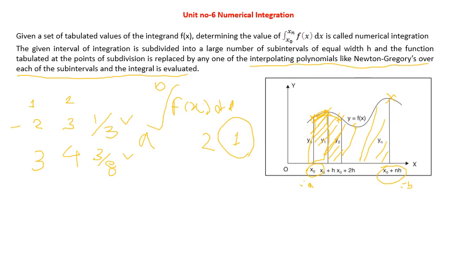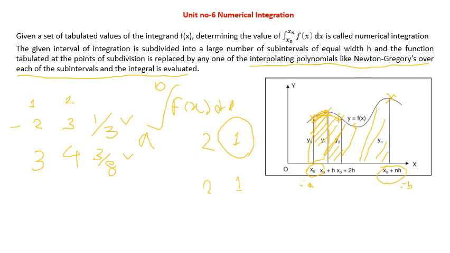The level of accuracy you get by using Simpson's 3/8 rule 1 time is better than using Simpson's 1/3 rule two times.